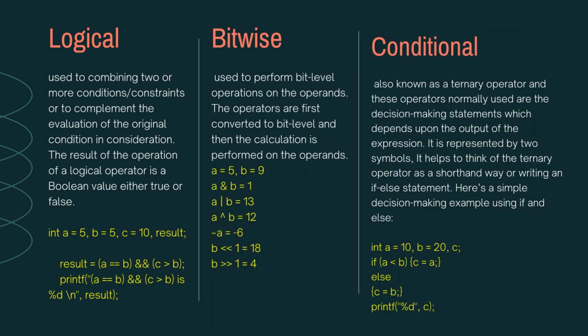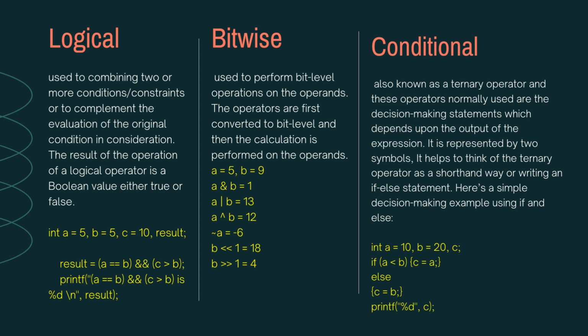Logical operators are used to combine two or more conditions to complement the evaluation of the original condition under consideration. The result will be a Boolean value, either true or false. For example, if a is equal to 5, b is equal to 5, and c is equal to 10, then we assign result equal to a equal b and c greater than b, and it will check the condition and give the result accordingly.